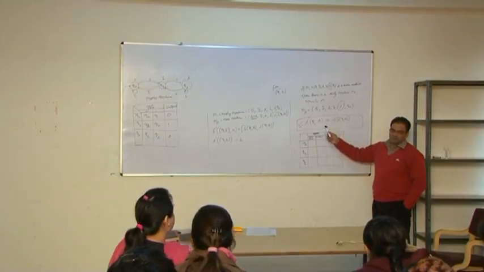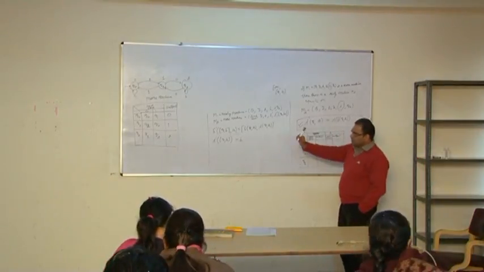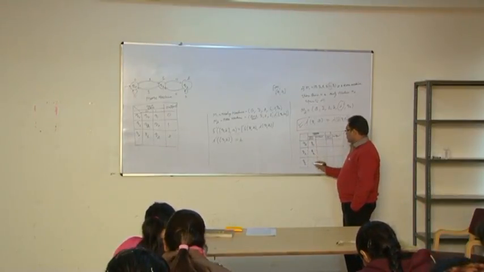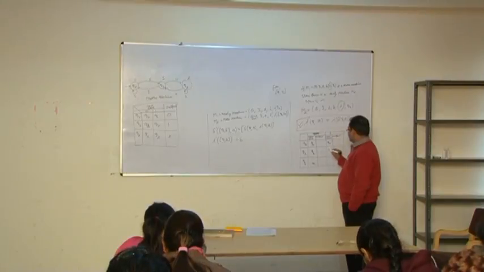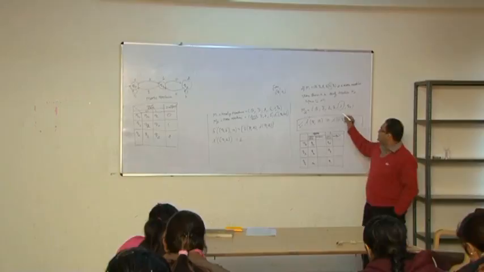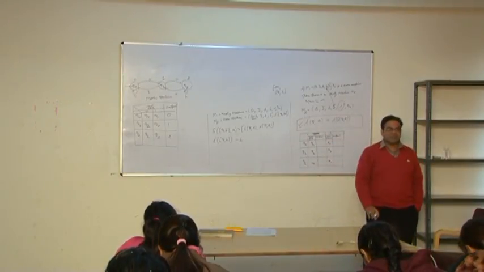Now what does this function say? So first you complete it, just write over here Q0, Q2, Q1, Q0, Q2, Q1. Because there is no change in the transition function, so we will copy these things over here as such.